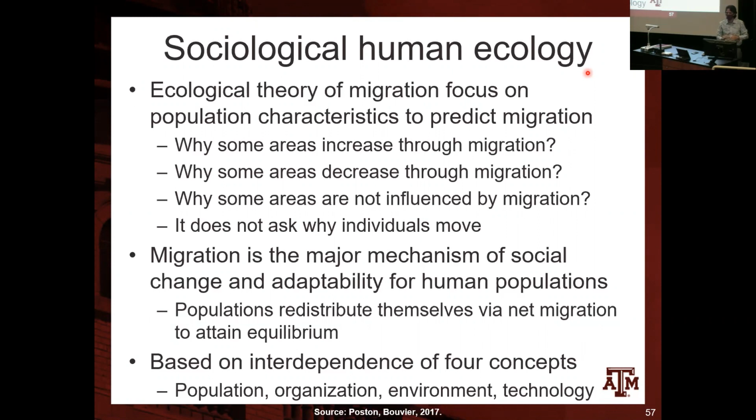Let's say we have neighborhood A and neighborhood B. Neighborhood A has 70% African Americans, and neighborhood B has 70% non-Hispanic white. Let's say I get the information for the group, for neighborhood A and neighborhood B, and I see higher crime rates in neighborhood A and lower crime rates in neighborhood B.